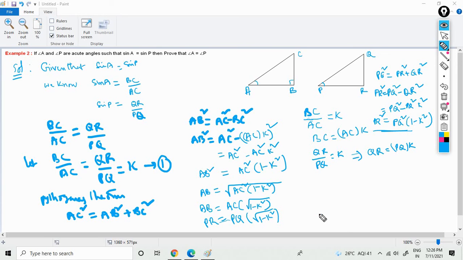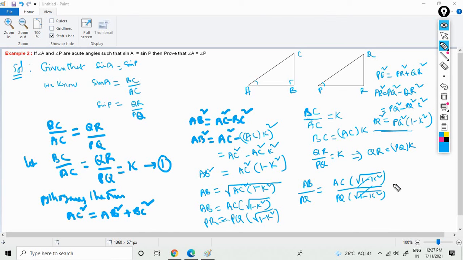So now I am going to take AB by PQ. So AB by PQ is equal to, already you have the AB value from this particular formula here, and the PQ value is also there, that is PQ into square root of 1 minus K square.